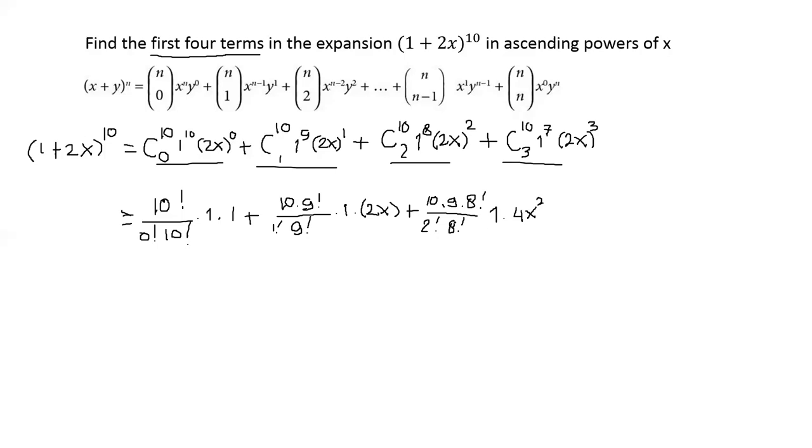Okay, this is the third term. Now for the fourth term, 10 minus 3 equals 7.